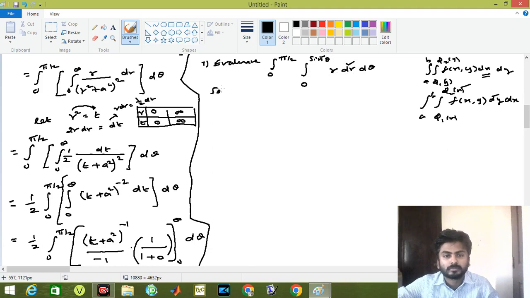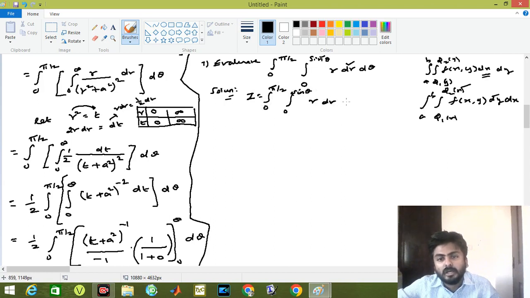So the solution: it is given I equal to the integral from 0 to pi by 2, integral from 0 to sin theta, of r dr d theta. What is this given?